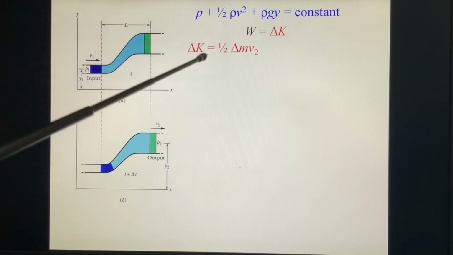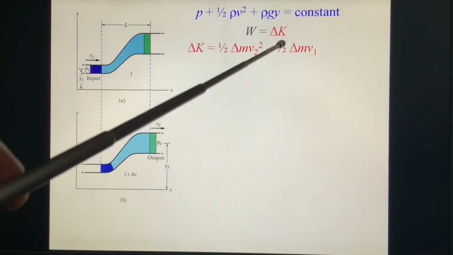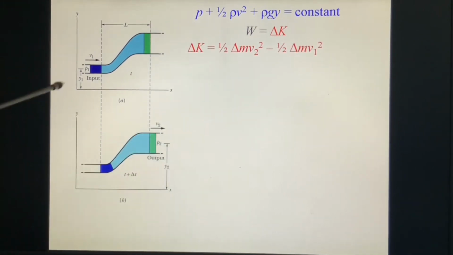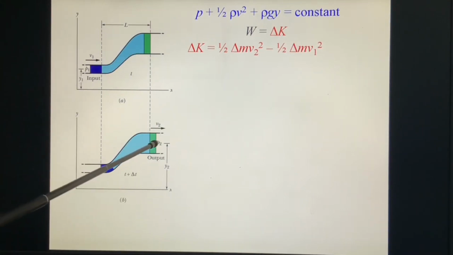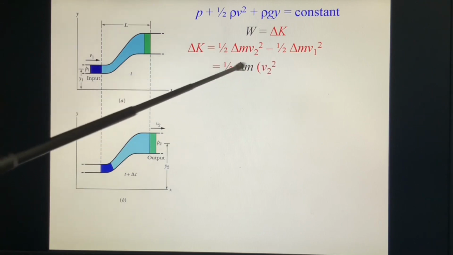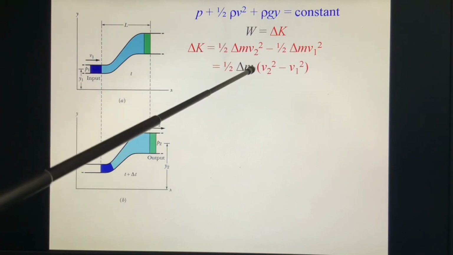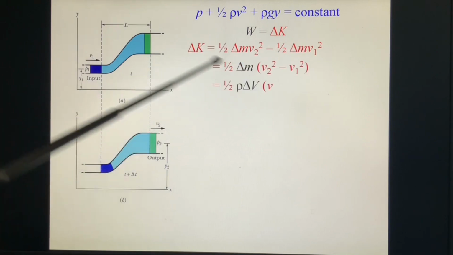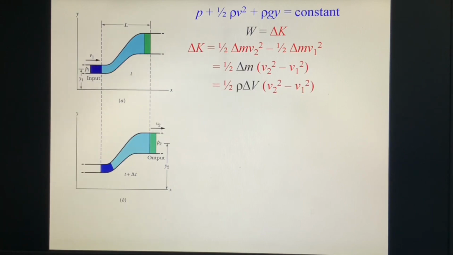Half delta M V2 squared minus half delta M V1 squared. This is the mass delta M in, it is the mass out, okay? Inside the same, all right? This is constant. So we take the delta M out, and delta M equals rho delta V. That's the volume of this one.